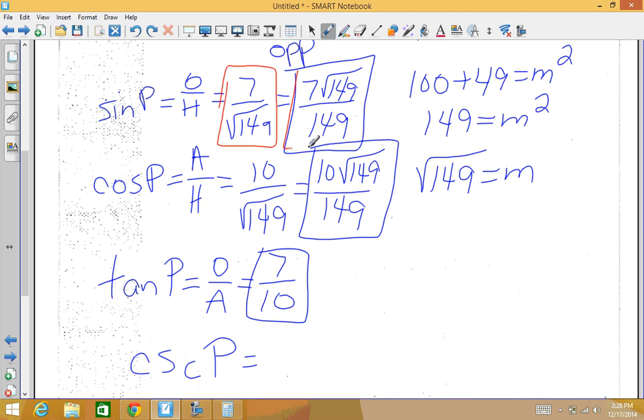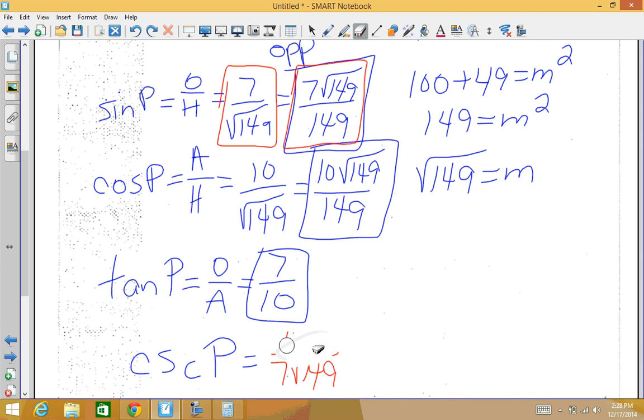We have the original with the radical on the bottom, and then we have our final answer for sine. If we flip the final answer, that's going to give us a radical on the bottom, which would be 149 over 7 square roots of 149, which is just not pretty. Okay, we have to now do extra work.